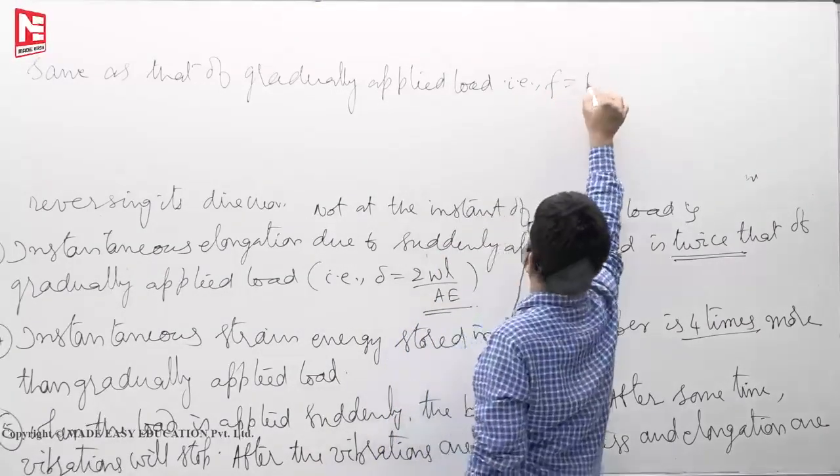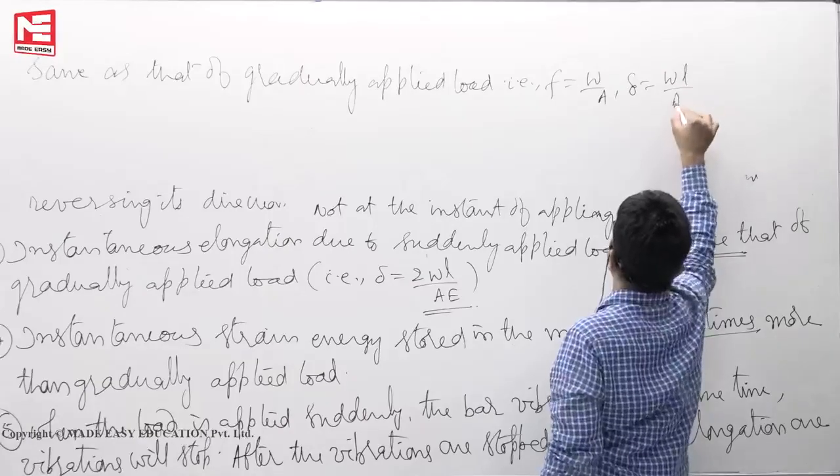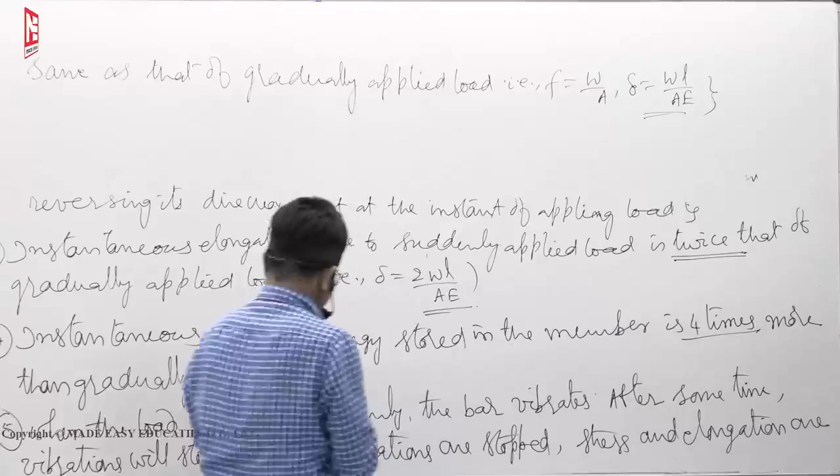That is, F is equal to resistance by area, delta is resistance into L by AE. So in the exam, you must search for this word.